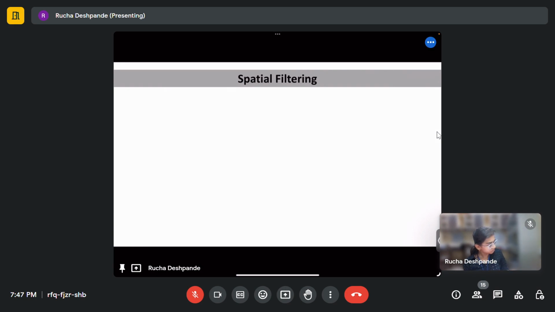Until now, all the operations that we saw were applied on one pixel itself, and based on operations on that pixel, we got the value corresponding to the same pixel in the output.